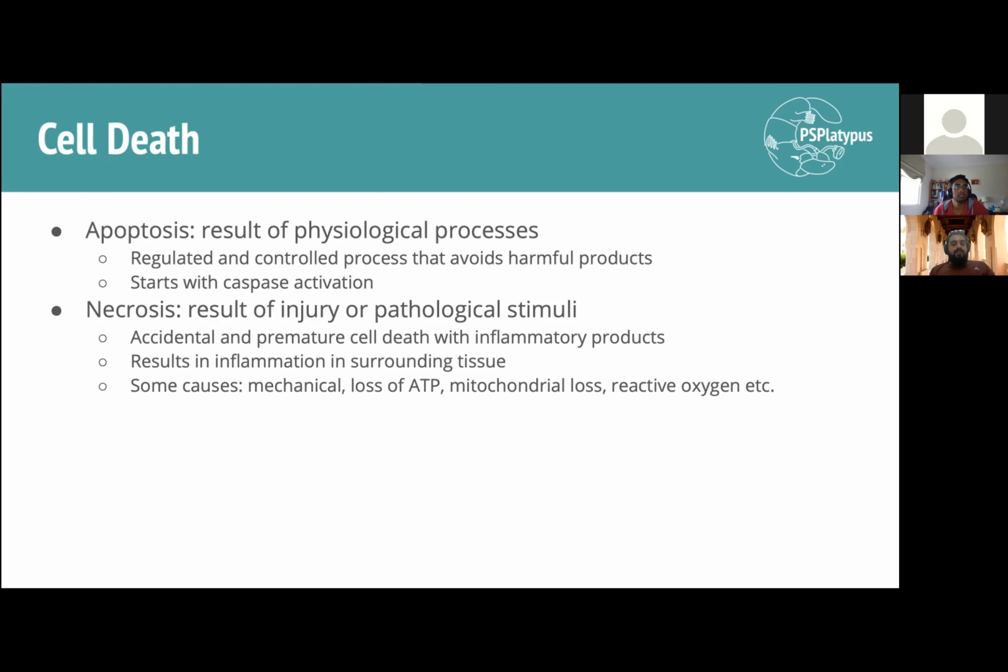However, necrosis is a result of injury or pathological stimuli. So it's not regulated, and we can call it abnormal, due to accidents or premature cell death with inflammatory products. So it causes inflammation, and it might damage the surrounding tissue.